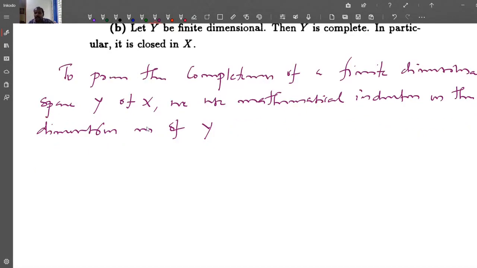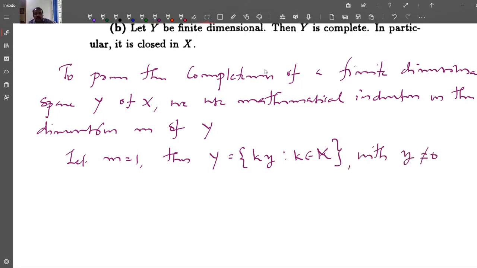So let m equal to 1, then Y is spanned by a single element y. So Y is equal to ky such that k belongs to K with y not equal to 0. We are going to show that Y is complete.